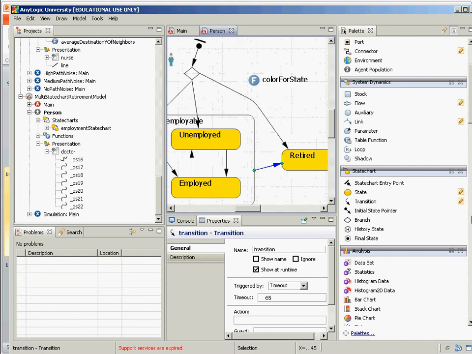But next time, ladies and gentlemen, we will see messages used to communicate between agents. So one agent will communicate to another by sending that other agent a message. And indeed, we saw a glimpse of that in our very first encounter with AnyLogic when that infection is spreading. So we're going to see how those messages work, how those messages are routed to different state charts within an agent.